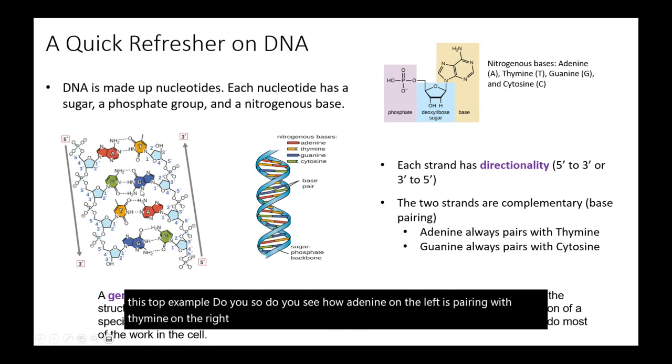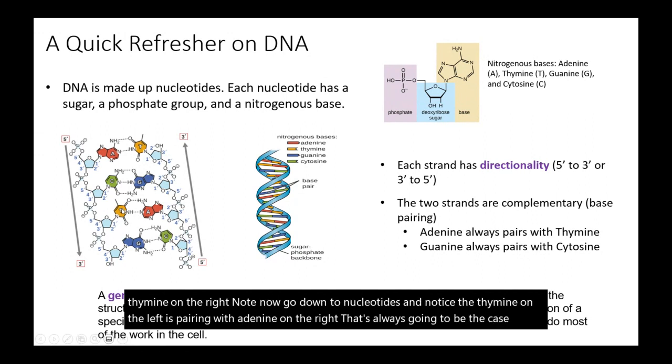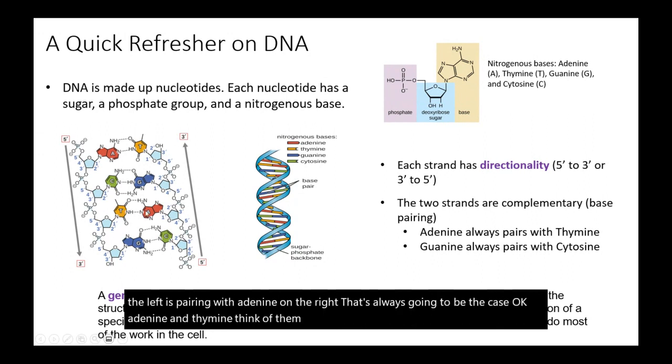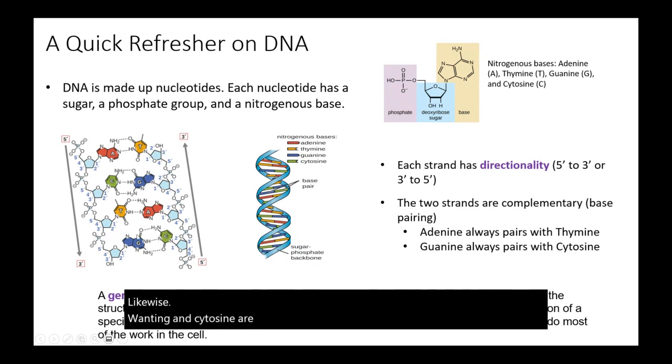Now go down 2 nucleotides and notice the thymine on the left is pairing with adenine on the right. That's always going to be the case, okay? Adenine and thymine, think of them as besties. They're always going to be together. Likewise, guanine and cytosine are always going to pair together as well, okay?